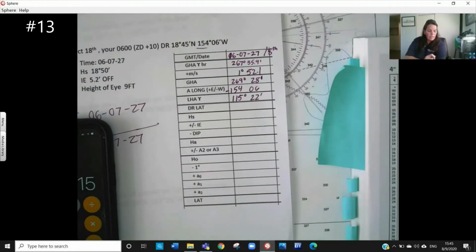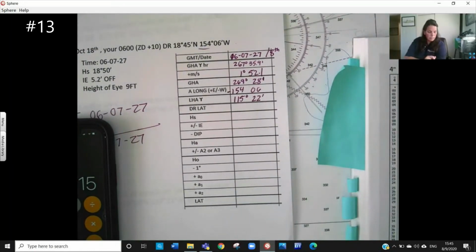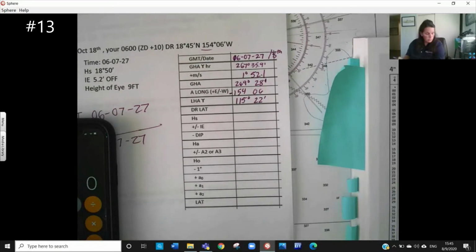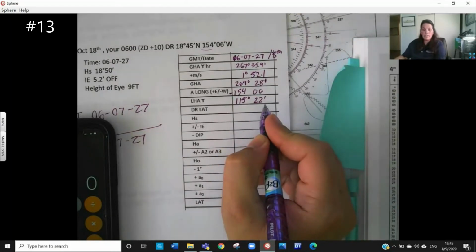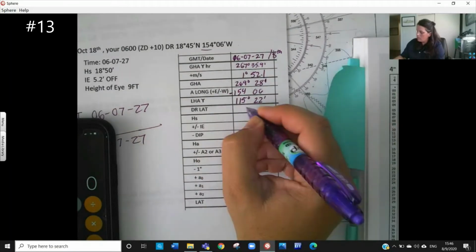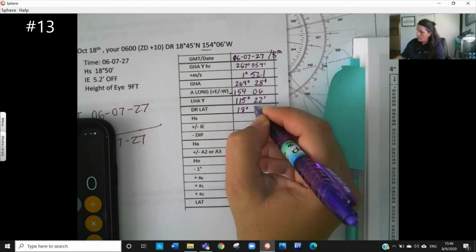So now we have our LHA of Aries. Our DR latitude was 18 degrees, 45.